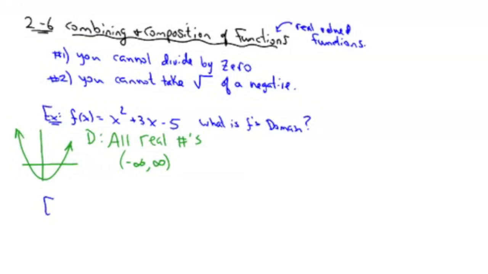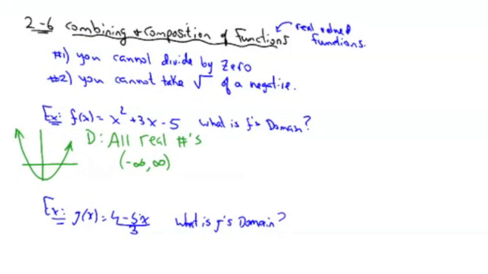All right, so what about this one? G of x equals (4 minus 5x) all over 3. What is G's domain? Why not 0? Is 0 ever going to divide this?